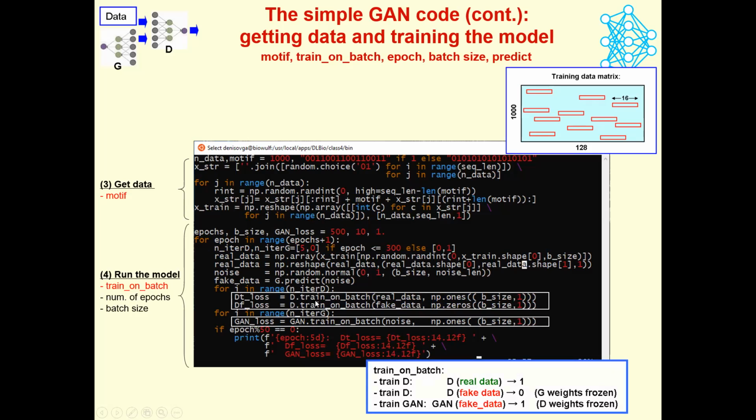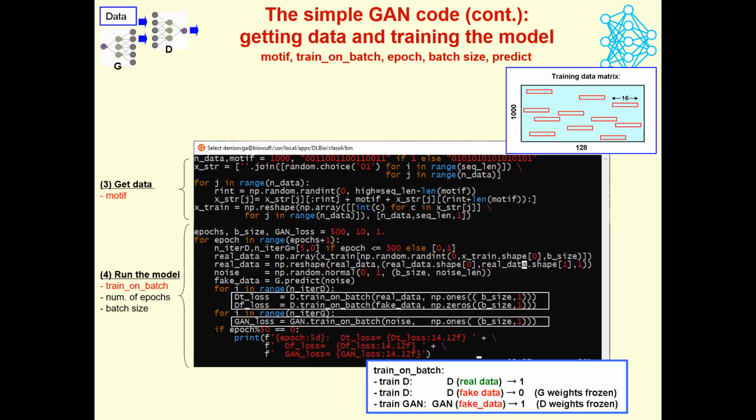In the previous classes, we used two different methods for training: it was just train, or it was train generator. Both train and train generator perform the training of the entire model for a number of epochs with just one command. But for this example, we have to use train on batch, which performs one step of training, basically for one epoch only.